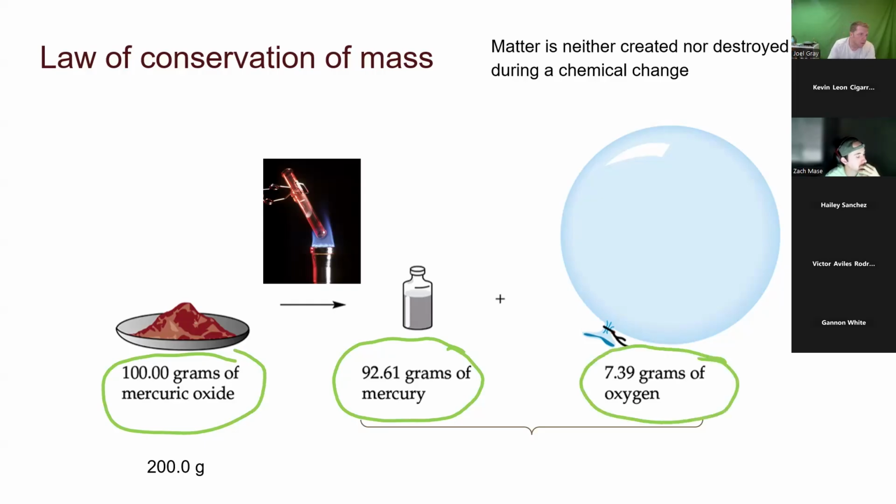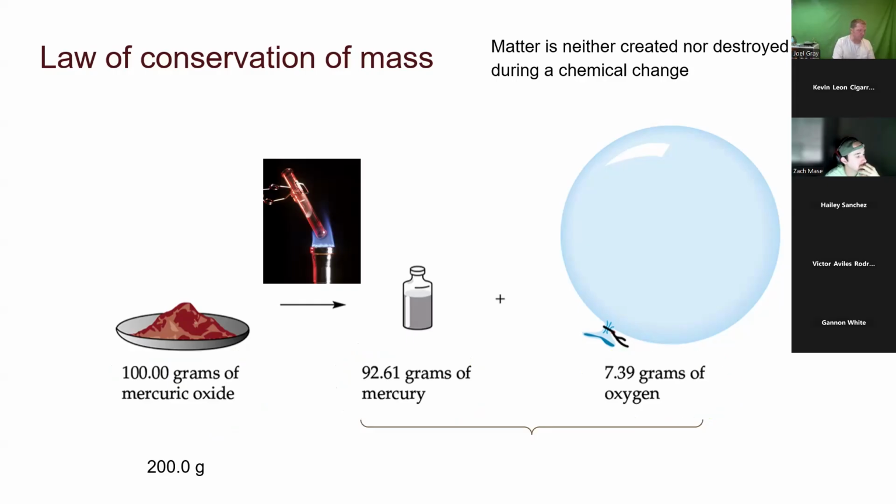If you add those two together, 92.61 plus 7.39, those would equal 100. Now, if I did the same thing with 200 grams, the result would be 2 times as much mercury and 2 times as much oxygen produced. So I basically have an even ratio that's going to be produced there.